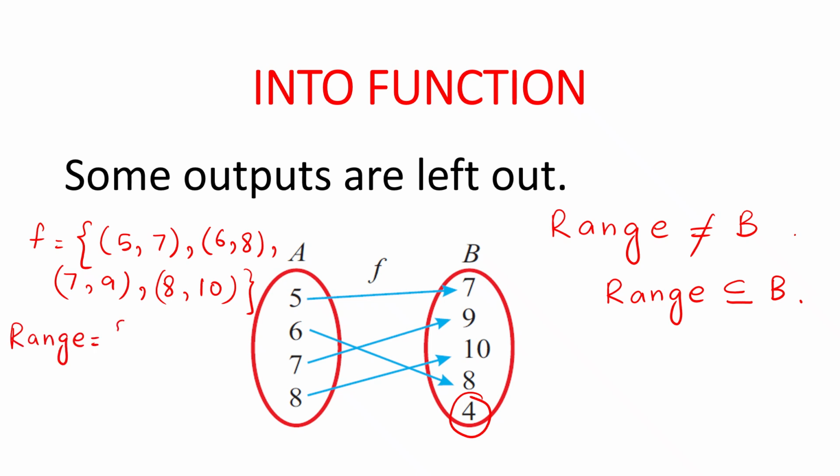It is the set containing 7, 8, 9, 10. We can see that this range of the function is the smaller set as compared to B. First of all, this range is not equal to set B, and this range is a subset of set B. This is the condition for an into function.